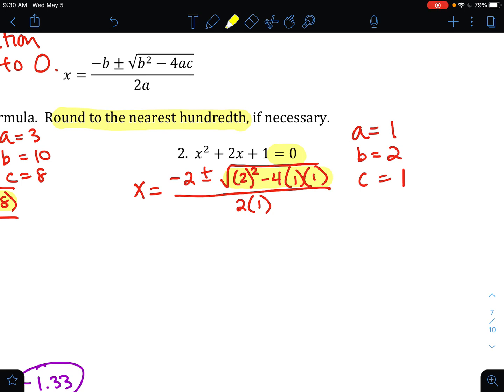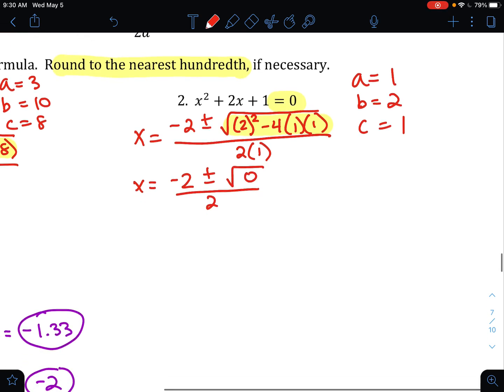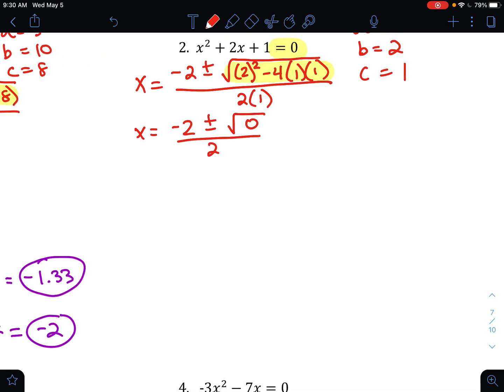So 2 squared minus 4 times 1, that's 0. So I now have x equals negative 2 plus or minus the square root of 0 over 2 times 1 is 2. We'll take the square root of 0. Well, it's 0 again. So x equals negative 2 plus or minus 0 over 2.